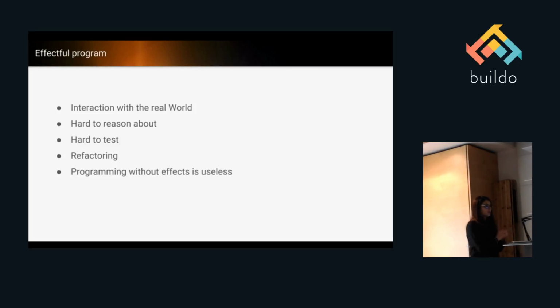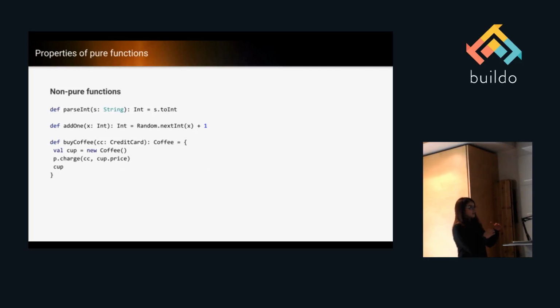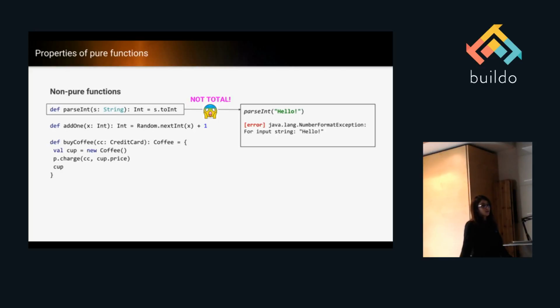But before we cover the I/O of ZIO, let's understand how to implement pure functions. Here we have 3 non-pure functions. For the first one, we expect that for every value of type string, we will get a value of type int. But actually, when we call parseInt with hello, it will raise an error. So parseInt is lying.